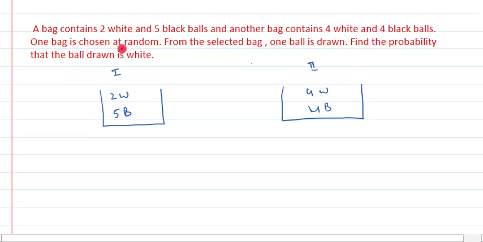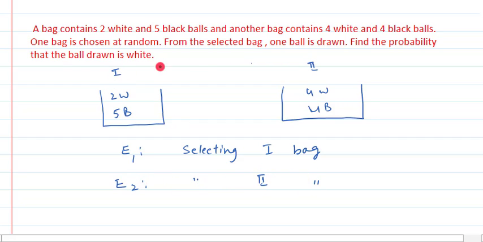Then next, one bag is chosen at random. So as I discussed earlier, any one of the bags may be selected, either bag 1 or bag 2. Let us say that E1 is the event of selecting the first bag and E2 is the event of selecting the second bag.